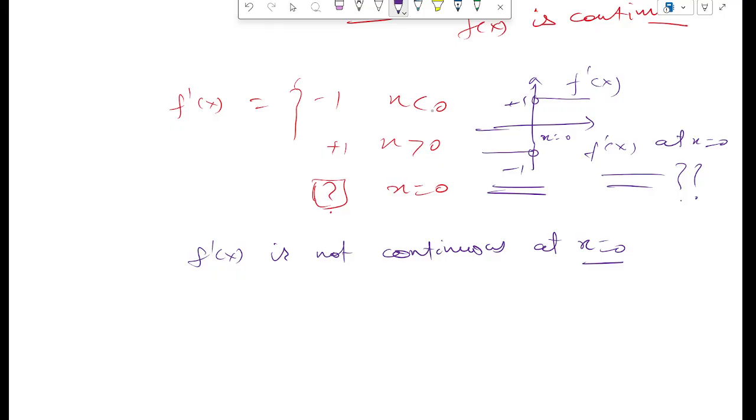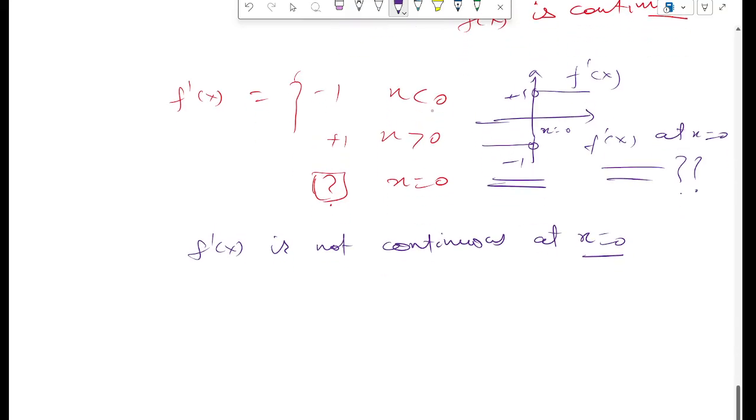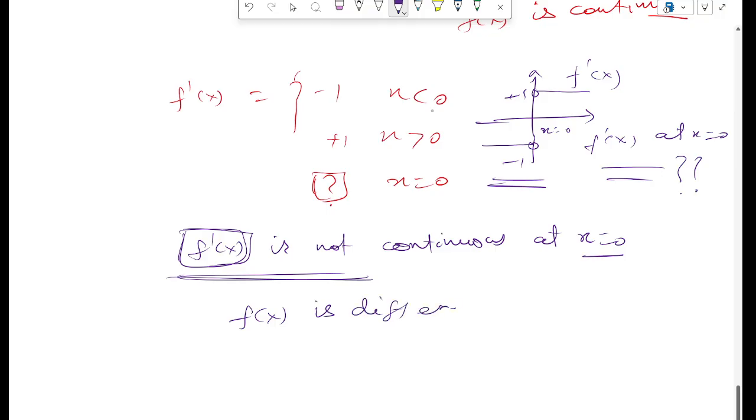Since we proved this, and I just said differentiability is nothing but continuity of the first derivative, if it is not continuous, it means f x is not derivable, not differentiable at x equal to 0.